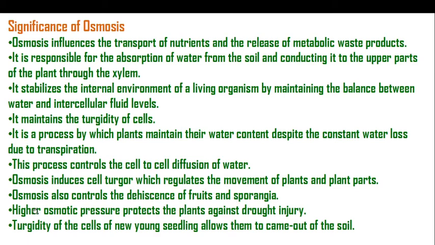So that can also happen with the help of osmotic pressure. Higher osmotic pressure protects plants against drought injury. So if the plant can create higher osmotic pressure, then even if they don't get water, they can be protected by the osmotic pressure.